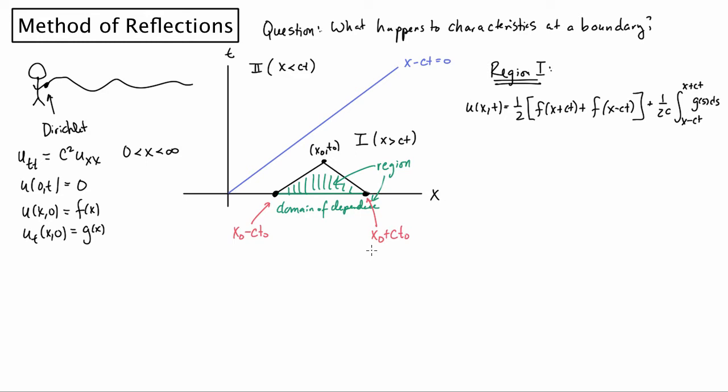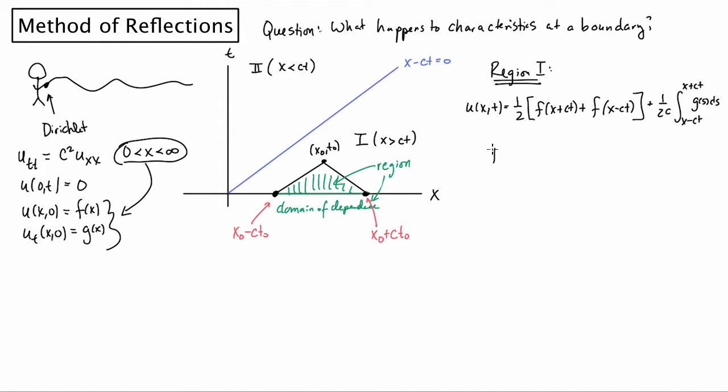And what I want you to see here is both of those values are positive. So if I plug x0 and t0 into this solution, then I get positive values for f and g. The reason that's important is that f and g are only defined for values of x between 0 and infinity. So nothing goes wrong as long as you're in region 1.